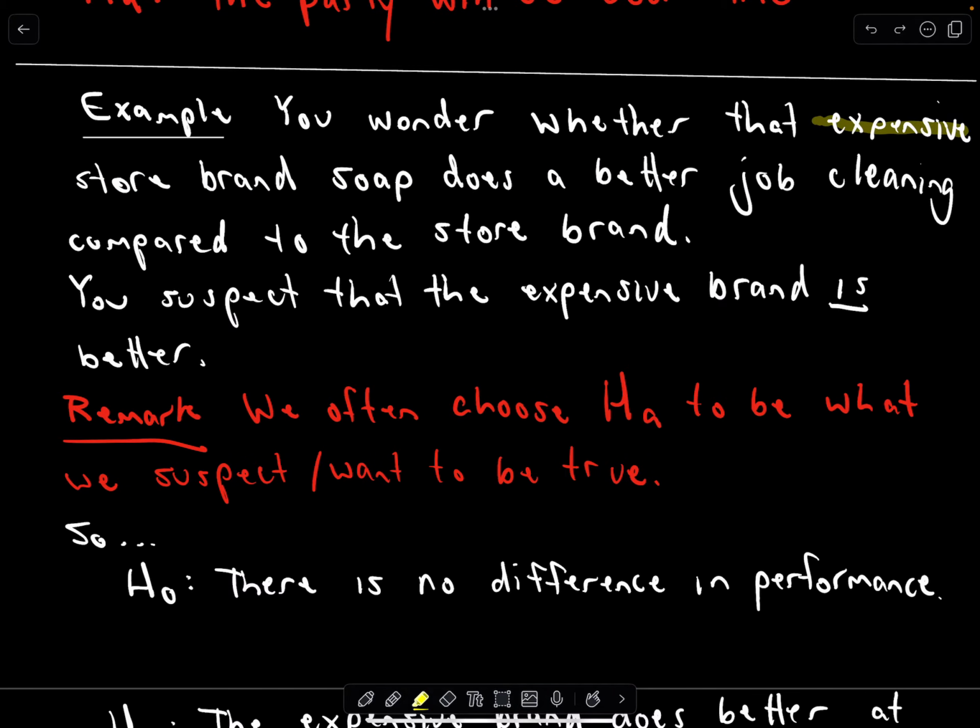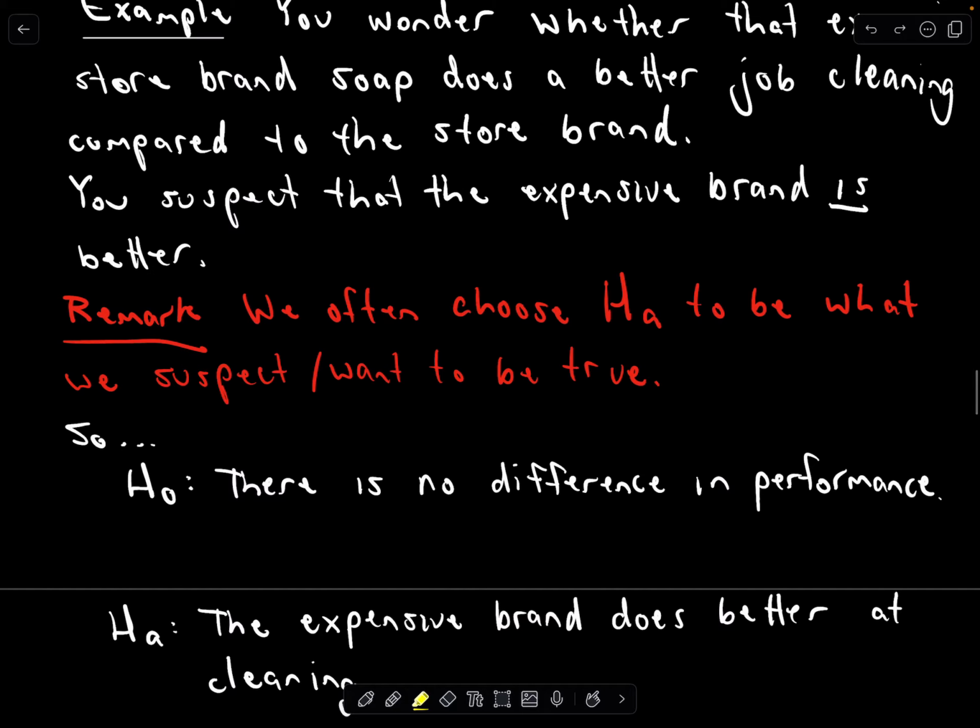So you're looking at the more expensive soap compared to the generic soap. And you wonder, is it worth spending that extra money? And maybe you've got some friends or you've seen some stuff, and you suspect that the expensive brand is in fact better. So maybe it's worth ponying up that extra money because you'll get better results and it'll be better in the long run.